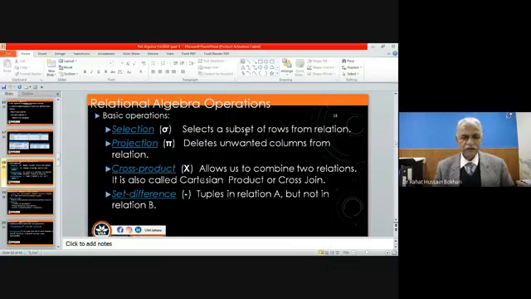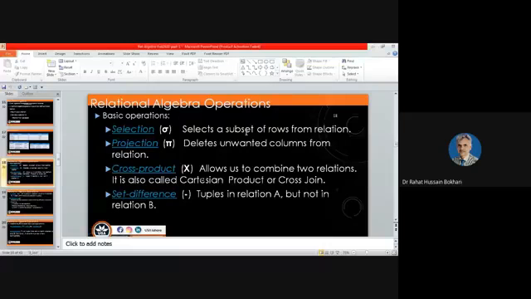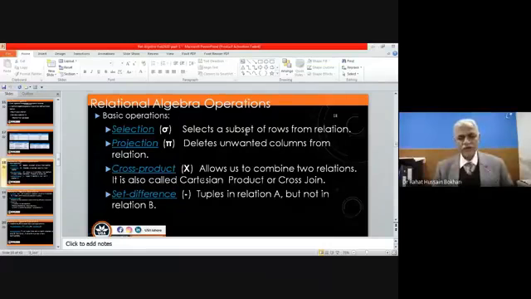It is used to filter rows from a relation, and that filtering is done with the help of a predicate, that is, the condition.